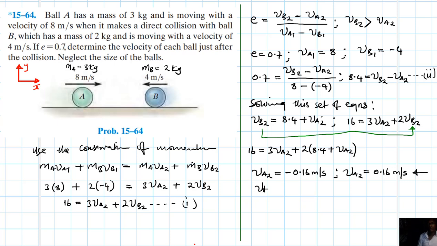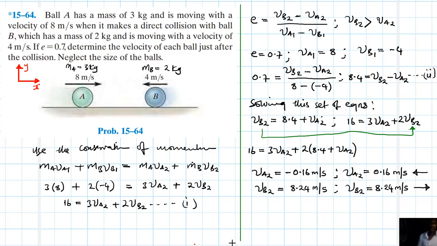And then we have vB2. We're going to use this equation, so we have minus 0.16 plus 8.4. This gives us 8.24 meters per second, so vB2 is equal to 8.24 meters per second, and it's going in this direction like so.